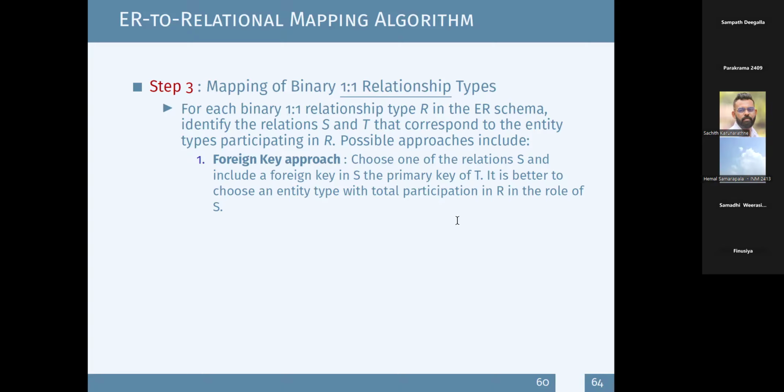So in this particular case, choose one of the relations S to include the foreign key in S, the primary key. It's better to include the entity type with the total participation, right? Now, if you are looking at our example, what we had is employee, right? We have employee on one side.